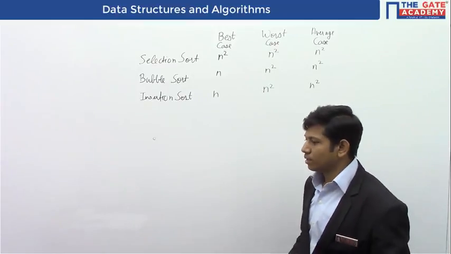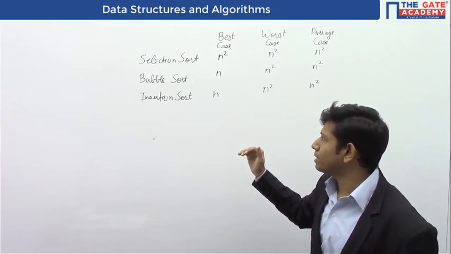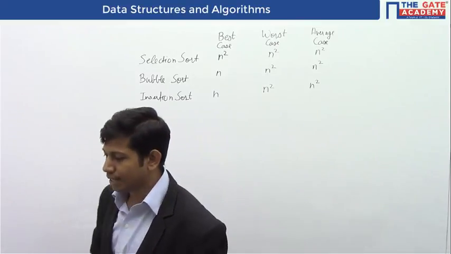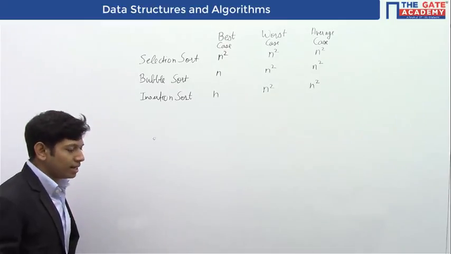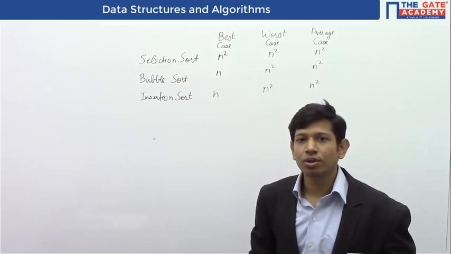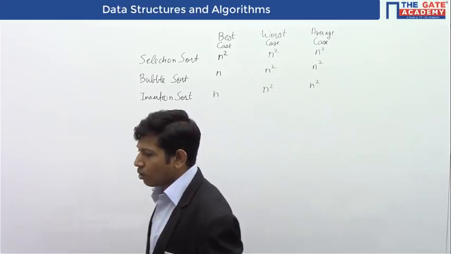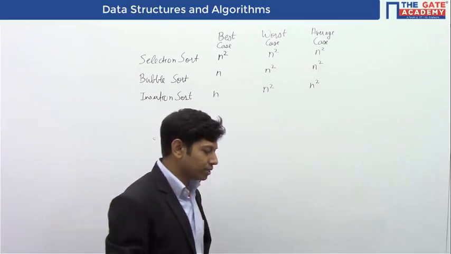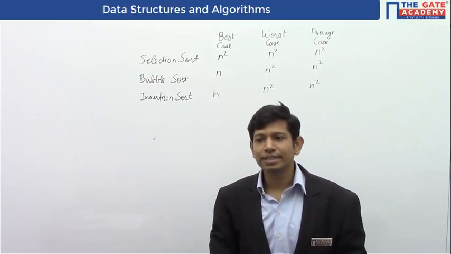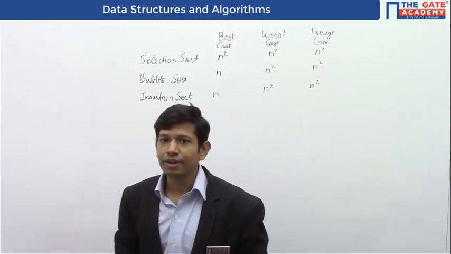Now let's see this order of n, the best case running time of bubble sort and insertion sort, in a little more detail. When we see it in more detail, we observe that there are a few ways in which insertion sort is better than bubble sort. So let's look at those cases one by one. Our first point is that in case of bubble sort, we always need to perform n comparisons in every pass.